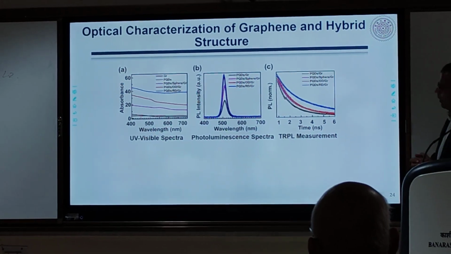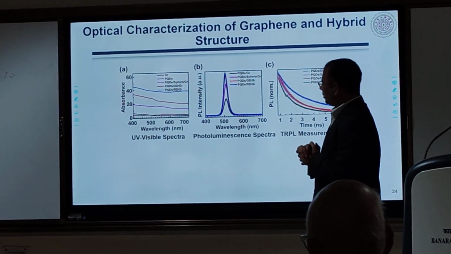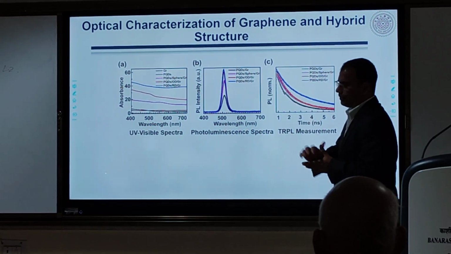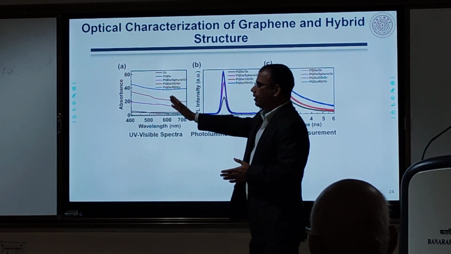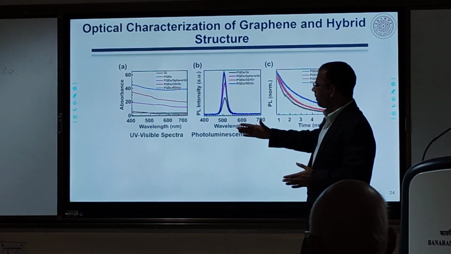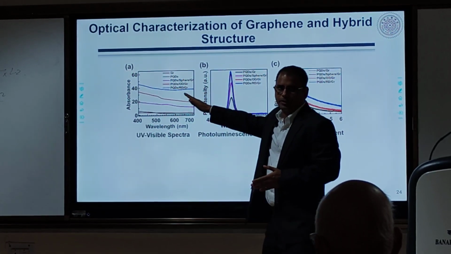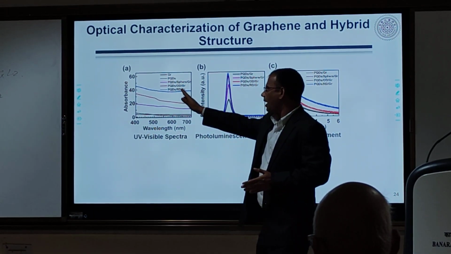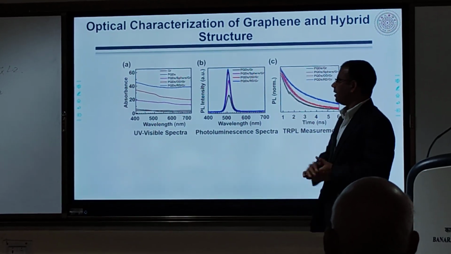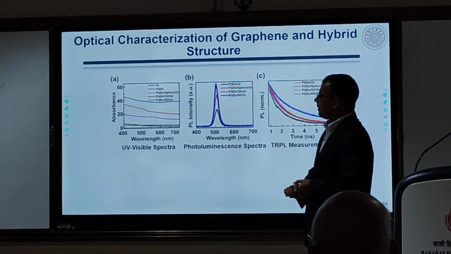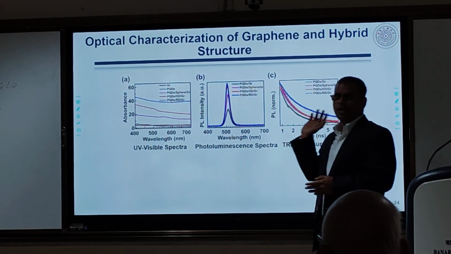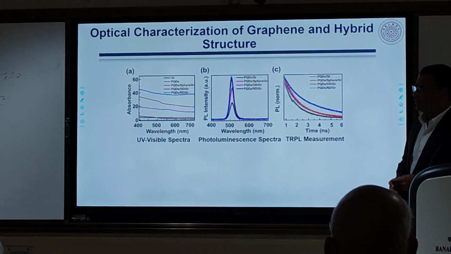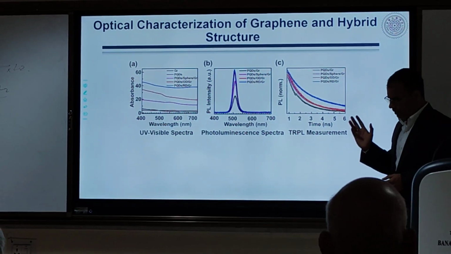Next, we have measured the absorbance, luminescence, and TRPL for all five combinations. Here you can see graphene, and we want to see how the optical property is enhanced once we hybridise. After hybridization, for the particular RD, we have the highest optical absorbance compared to the other combinations, because in the previous page we saw that RD had the strongest scattering cross section and absorbance.